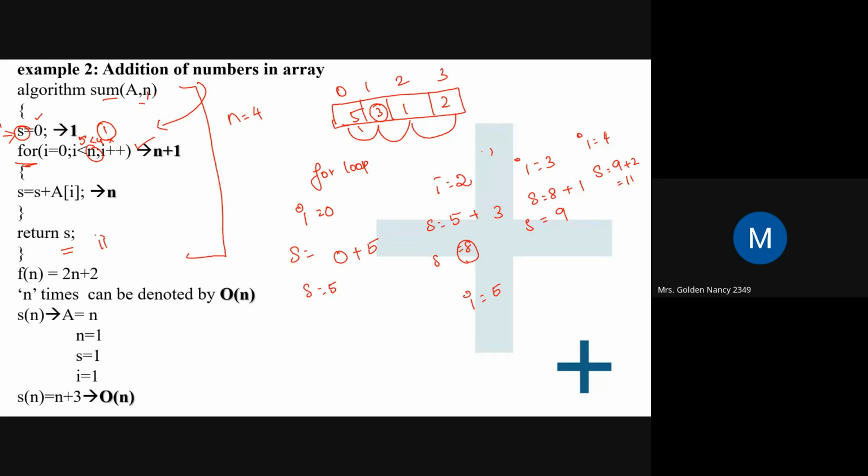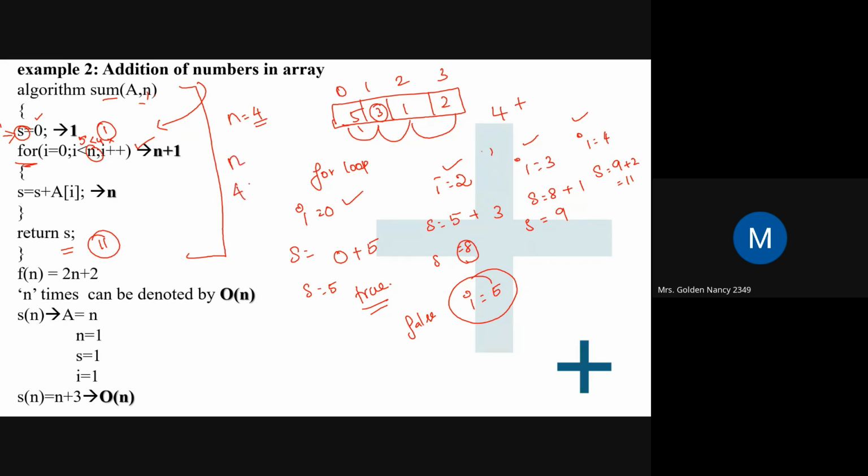Here the for loop worked 1, 2, 3, 4 times for the true condition, and one time for the false condition. The number of true times is 4, so the value of n is equal to 4. It happened for n times.